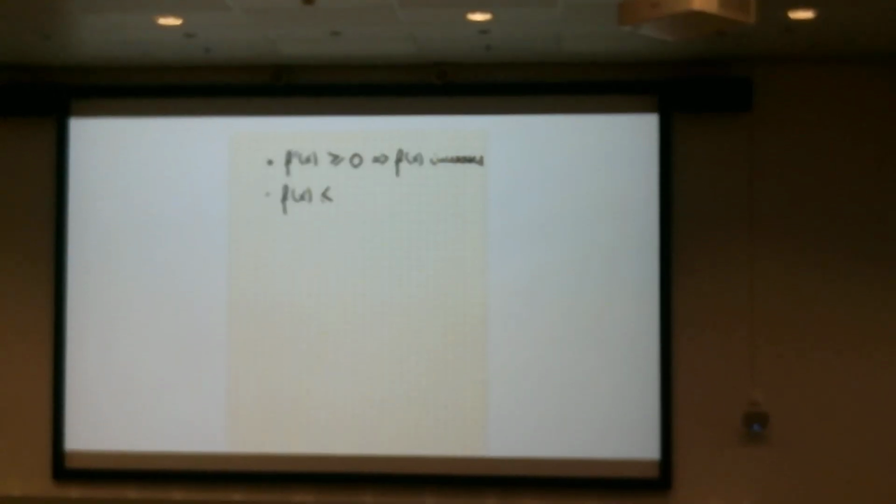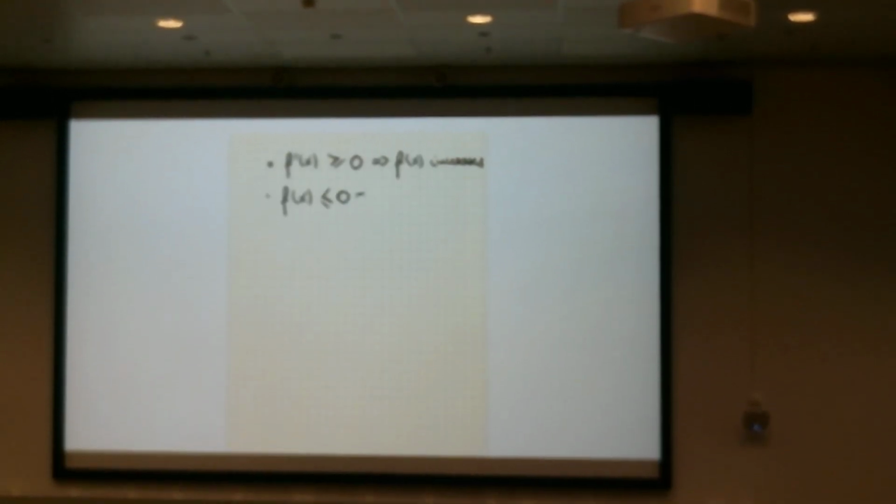And indeed, we need to look at derivatives. So if a derivative of a function is either positive or zero, so non-negative, then the function itself increases. If the derivative is smaller or equal to zero, function decreases.